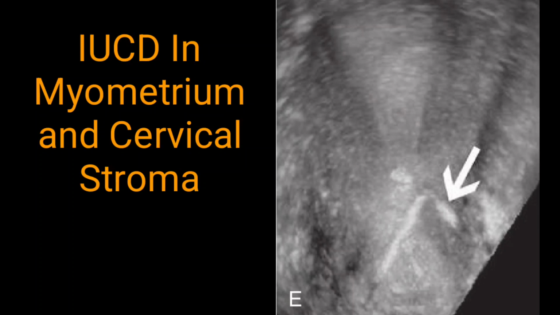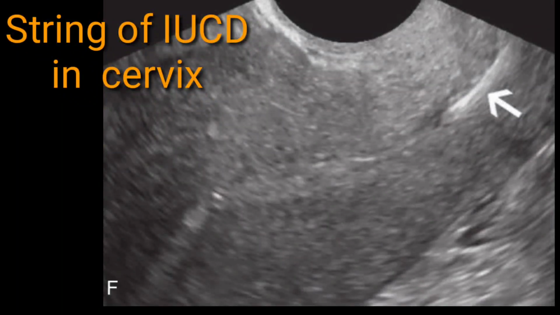to identify the malpositioning. On this transvaginal scan, you can appreciate a normal uterus, the endometrial cavity is clearly visible, and endometrial thickening can be easily taken on this image. As far as this white arrow is concerned, it is indicating the string of the intrauterine contraceptive device in the cervical region.